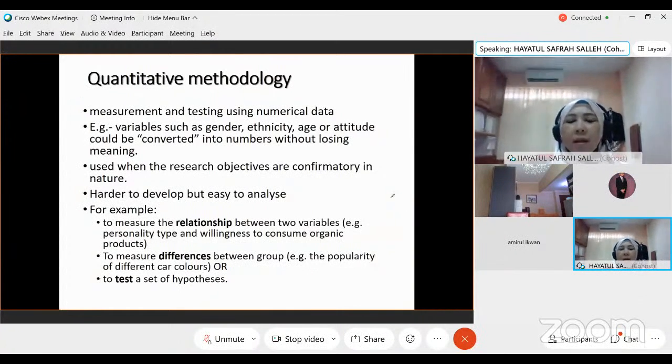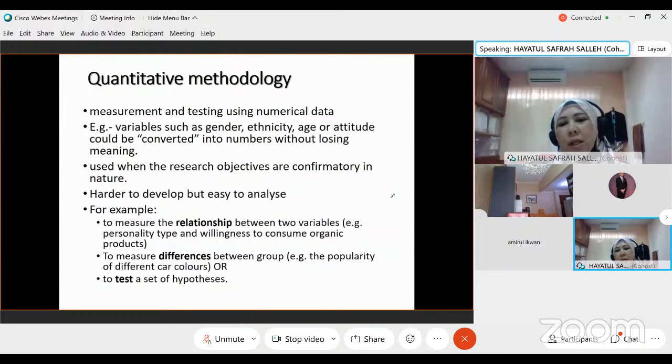So, for example, if you analyze the attitude of the respondents, you have maybe 5 questions to measure his or her attitude. For each single item, you ask them to tick from 1 to 5 on the Likert scale.